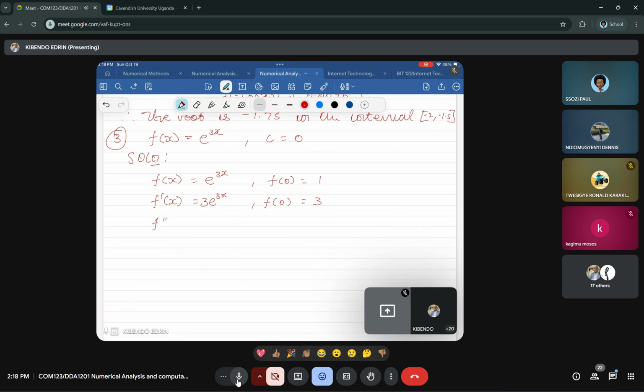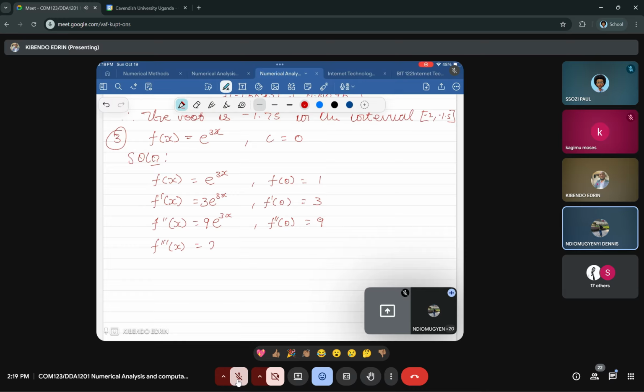Okay. F2 becomes 9e to the 3x, then f of 0 becomes 9. They said first 5 terms. Bwana Edwin, you are not showing the signs of first derivative, second derivative. They are there when you are inserting zeros. That is 27.